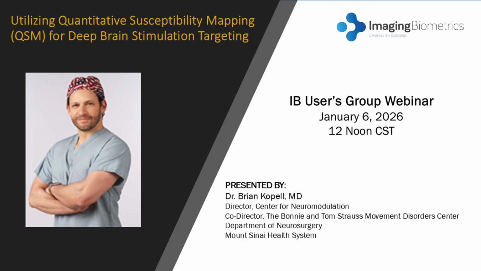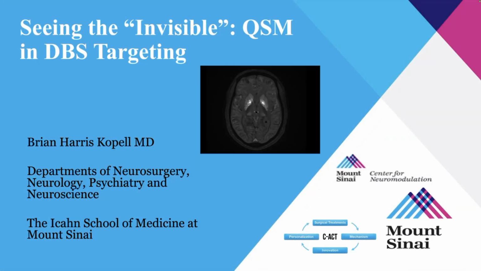Thanks very much. Thanks for inviting me here today. As described, I'm going to talk about our use case of how we utilize QSM in our workflow in our DBS practice.